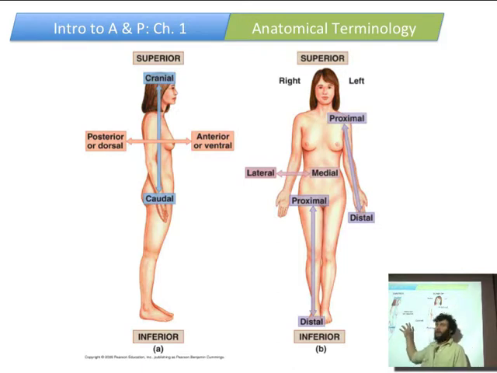In the axial body, you will also find the terms ventral and dorsal. Ventral meaning the belly side, dorsum meaning back, all right? So just like cranial and caudal is superior and inferior in the torso, ventral and dorsal is anterior and posterior.